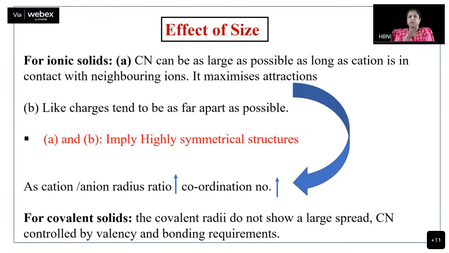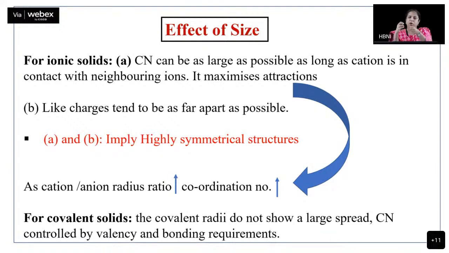So this was about the effect of size. Now coming to the radius ratio. How does the radius ratio actually come into play? Your cation is surrounded by anions, and as I said, it wants to take as many ions as possible around it so that it gains more attraction and more lowering of energy.